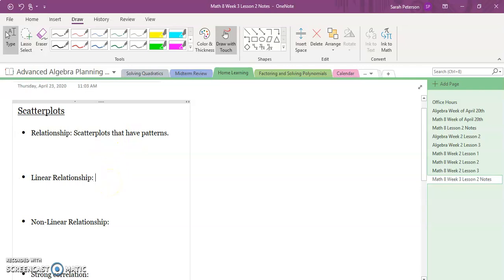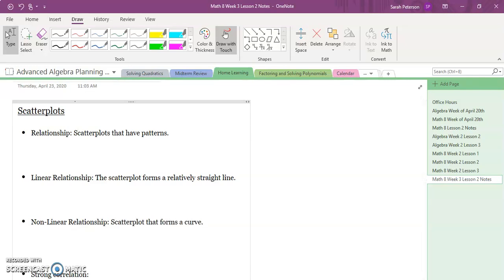A linear relationship is when the scatter plot forms a relatively straight line. It's not going to be perfect because you're looking at actual data, but the pattern should look like a line if it is linear. A nonlinear relationship would be a scatter plot that forms a curve. If it has no relationship, you should not see any pattern within the scatter plot, but we'll talk about that in a minute.